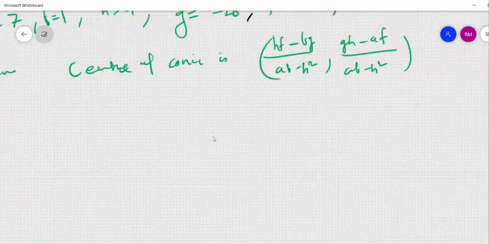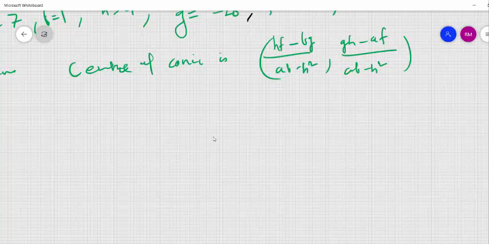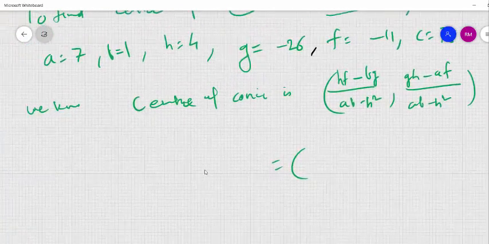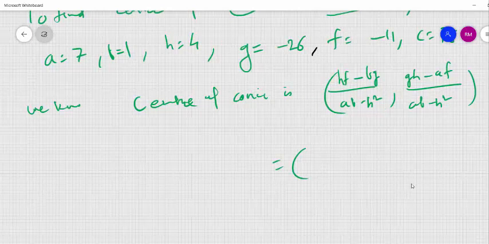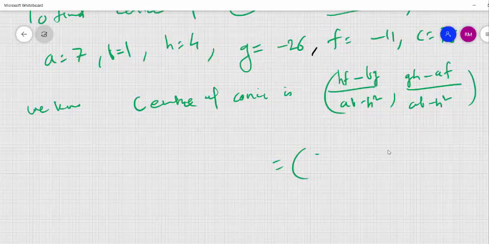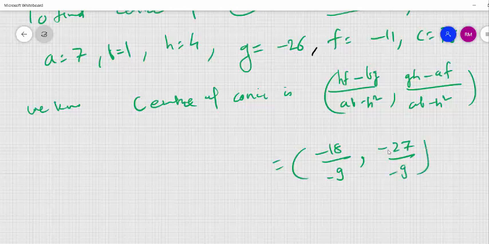So just substitute these, because we know the values of h, g, a, b, c. We should not take interest in calculation, so avoid the calculation part and go directly to the result.